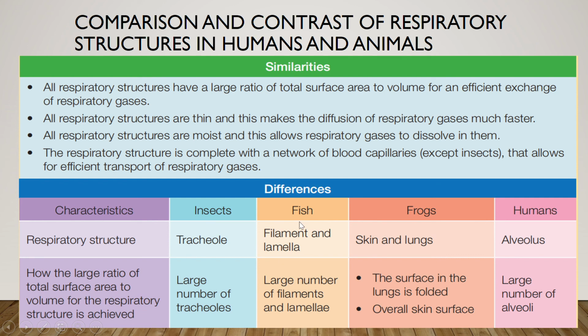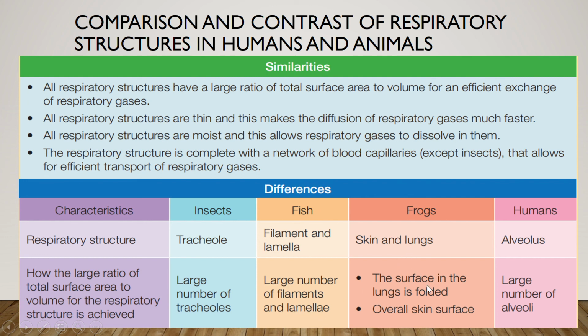For fish, large amount of filaments and lamellae. Remember the filaments that are in the gills and that are supported by the gill arch. And a lot of lamellae structure.